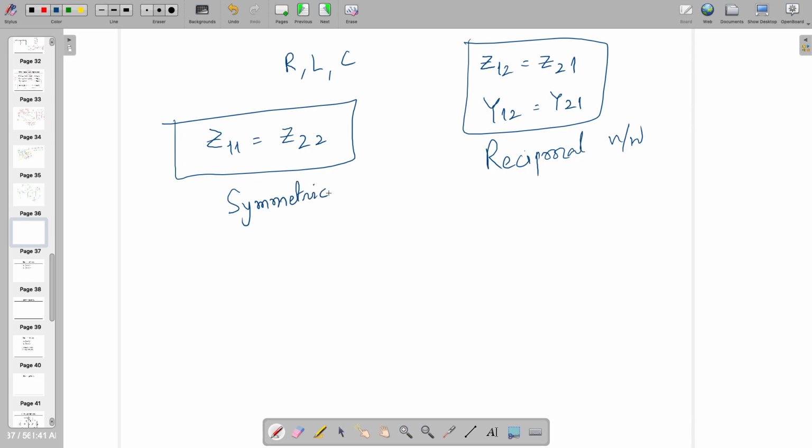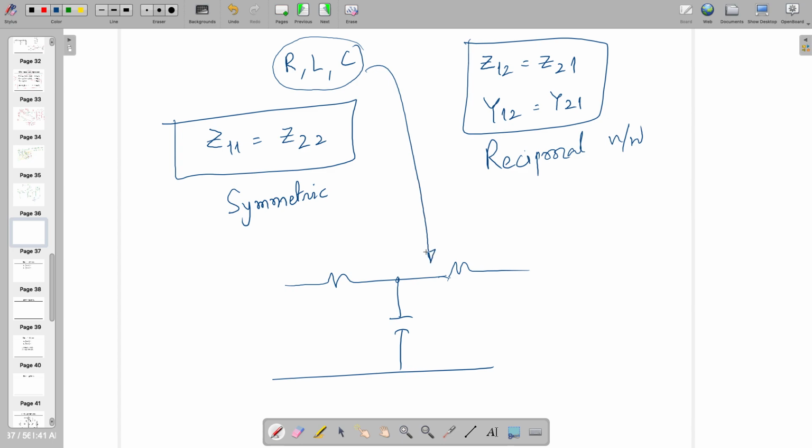If you want to see the symmetric network, I can show you. You see both sides, you will see similar impedances, right? This kind of network is symmetric, and by virtue of the network being RLC, it will always be reciprocal. It's not going to be reciprocal only in one condition, which we have not learned till now. We are going to learn it, which is known as the gyrator.